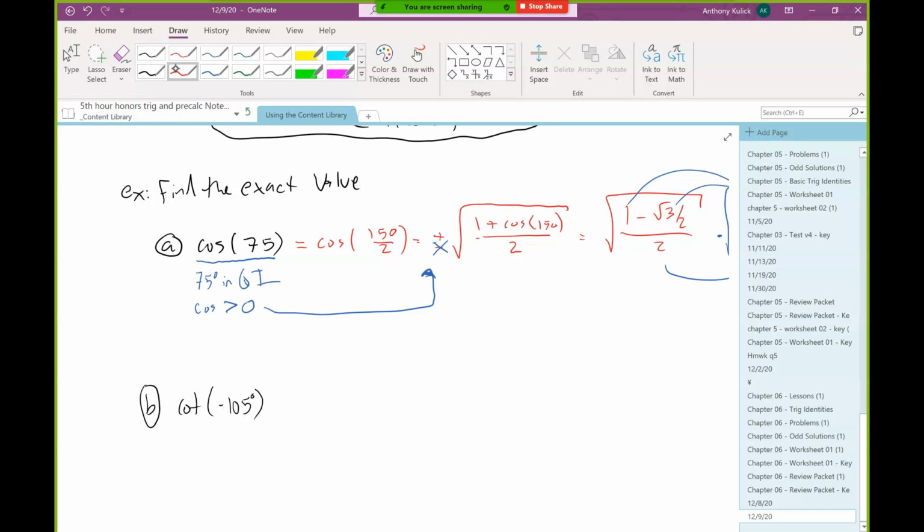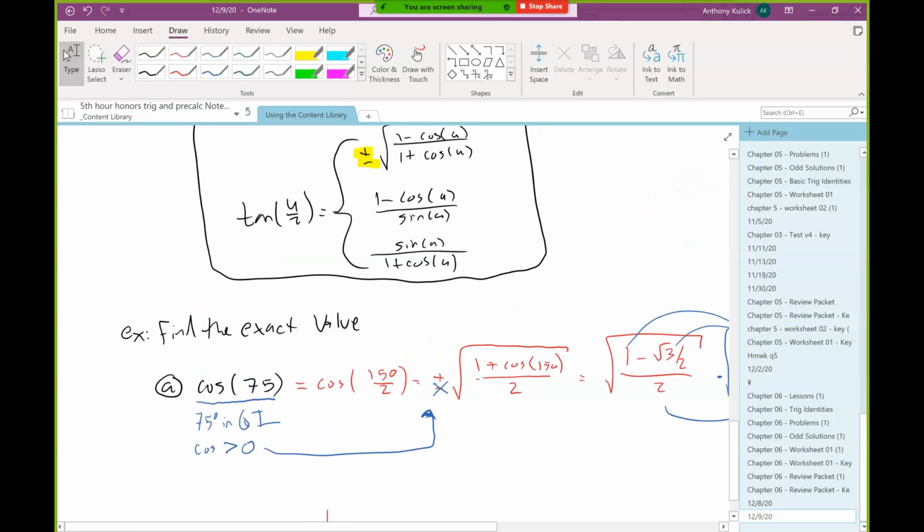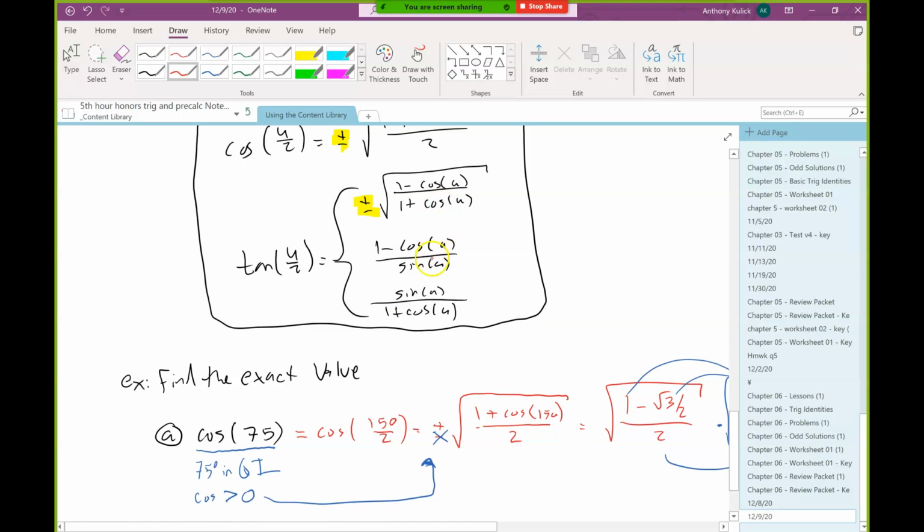The first thing I'll notice is that I don't have a half-angle identity for cotangent, but I know that cotangent is the same as 1 over tangent, and I do have a half-angle identity for that. But the tricky thing is, for tangent, I have 3 choices.